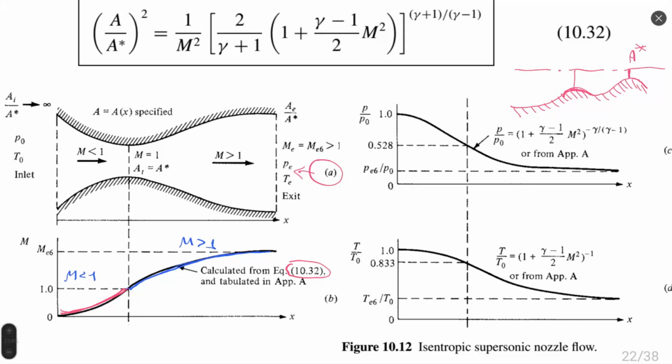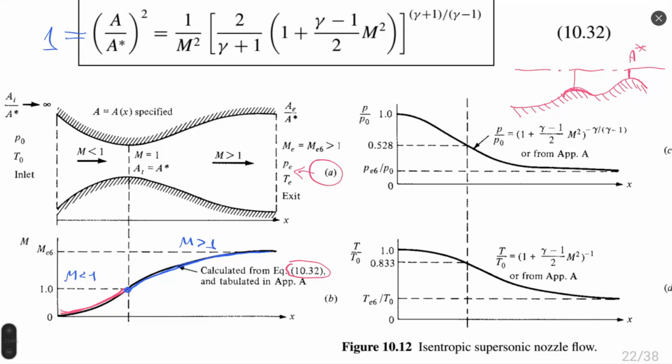Exactly in the throat, where the area is equal to the reference area, you need to have Mach 1. So this is a checkpoint. Put 1 on the right side of this area relation, and you will see that on the other side of this equation would be the corresponding Mach number equal to 1. So this is a checkpoint.